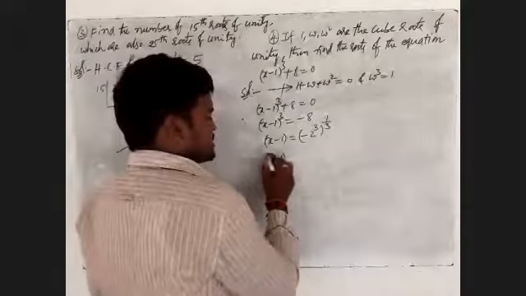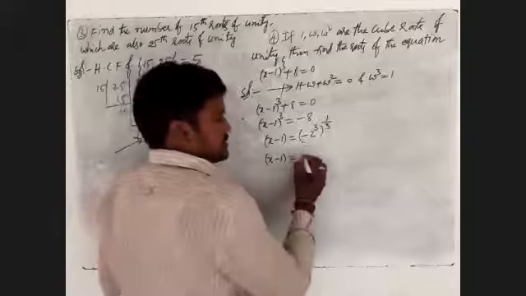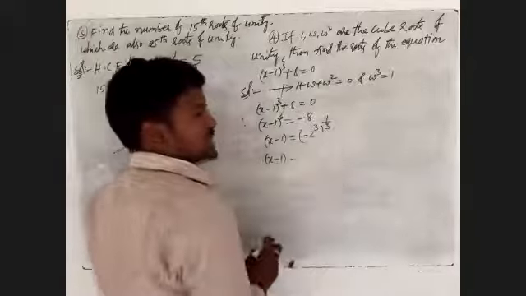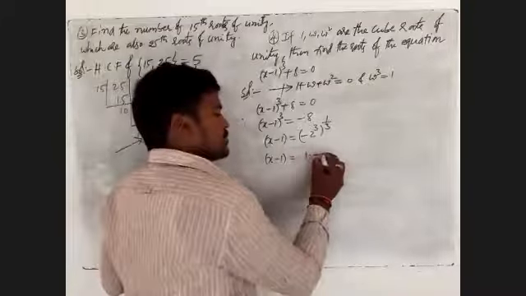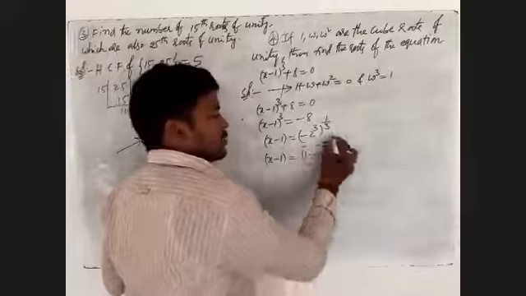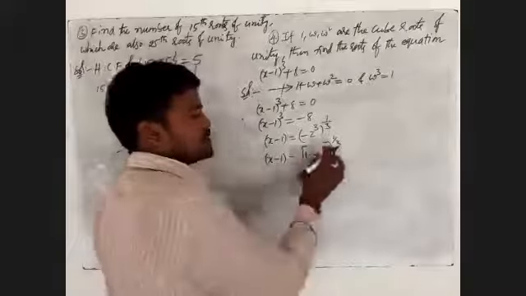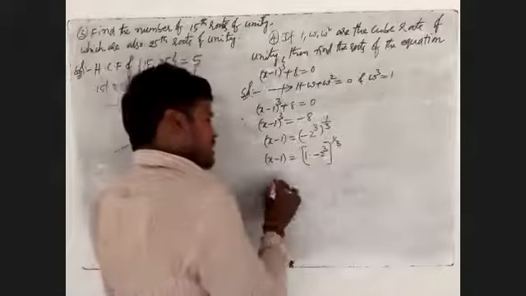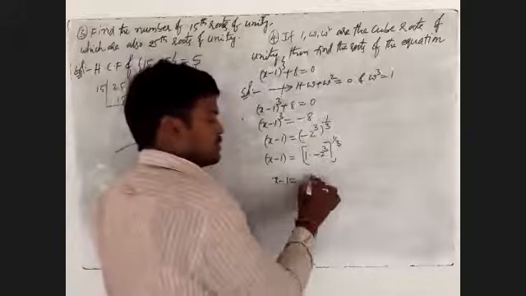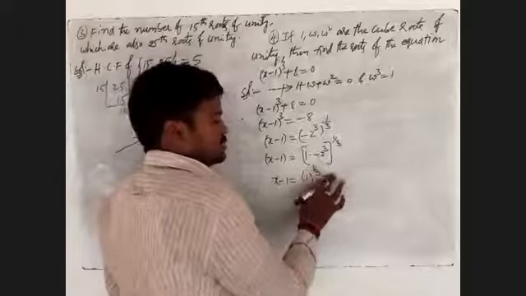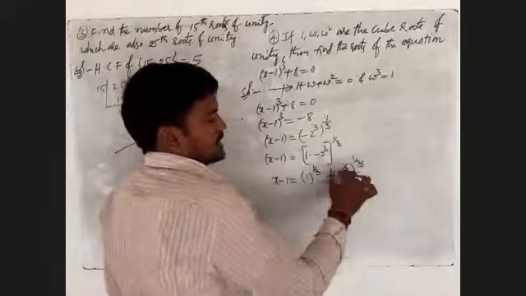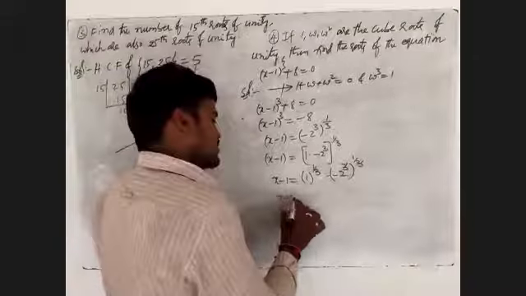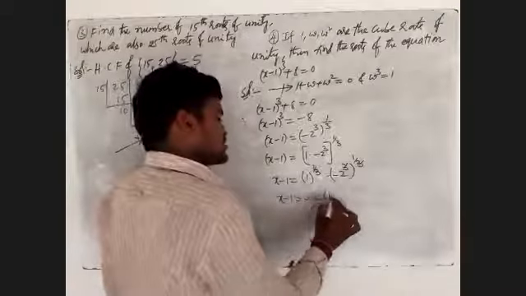That is, x minus 1 equals 1 into (minus 2 by 3) whole power 1 by 3, because 1 into minus 2 by 3 is minus 2 by 3. Expanding, x minus 1 equals 1 power 1 by 3 into (minus 2 by 3) whole power 1 by 3. The 3 and 3 cancel, so x minus 1 equals minus 2 into 1 power 1 by 3.